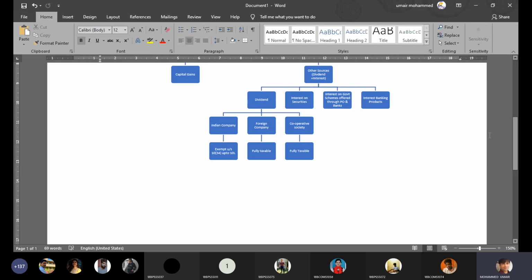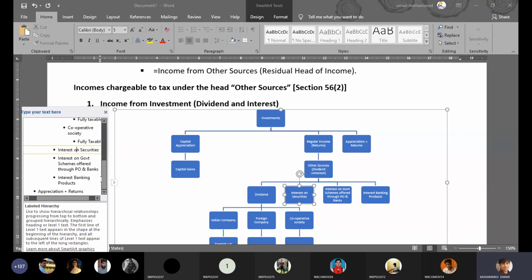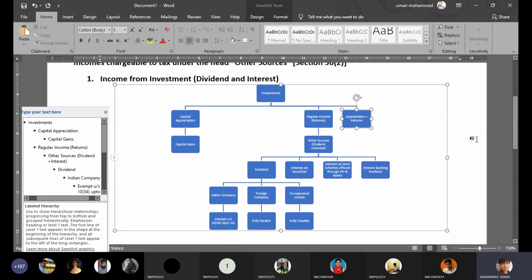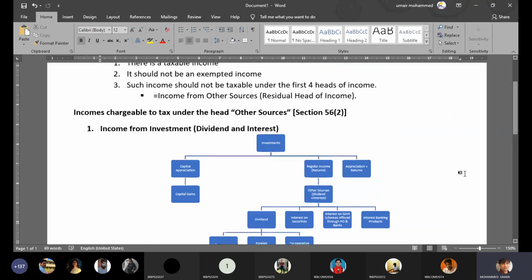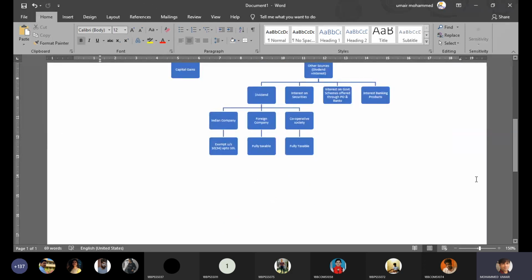Now, the next segment here is interest on securities. Interest on securities is a very comprehensive concept. It requires a lot of attention because we have a big classification here. So let's discuss that as a separate chart.